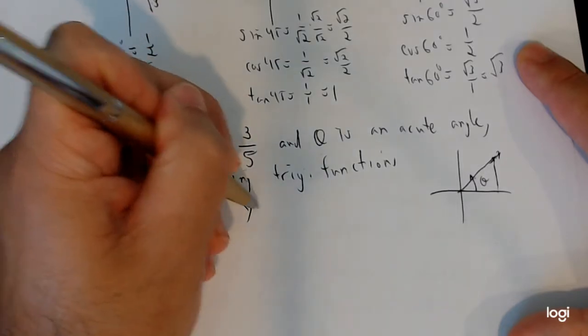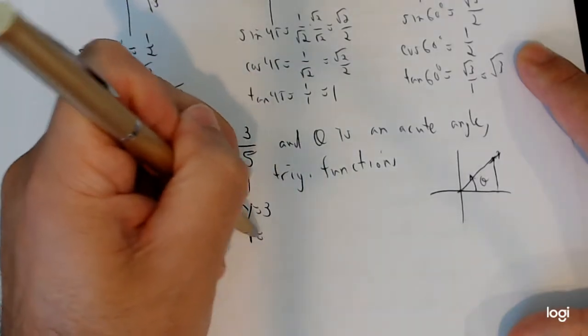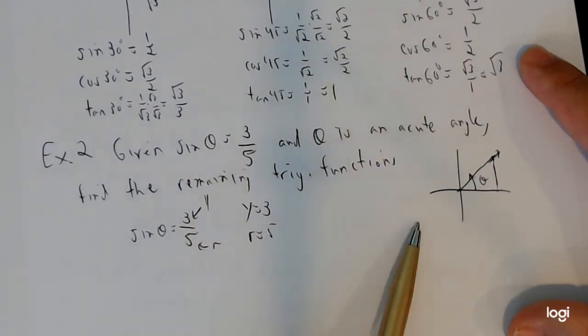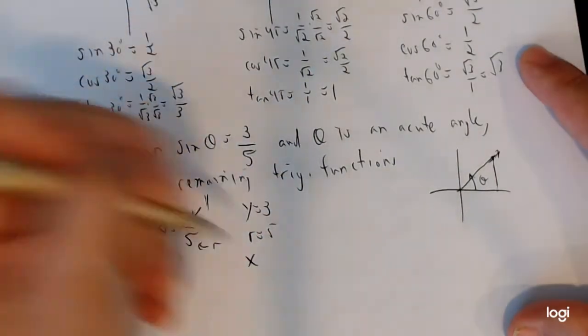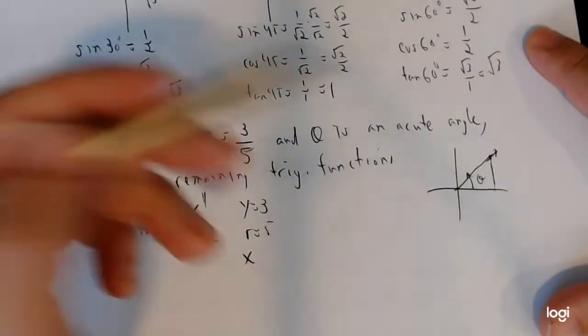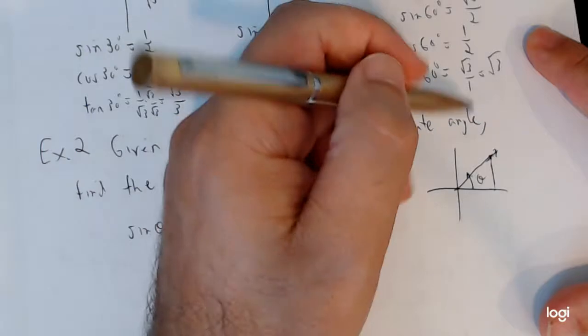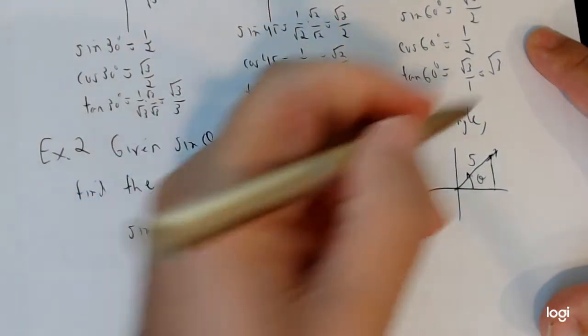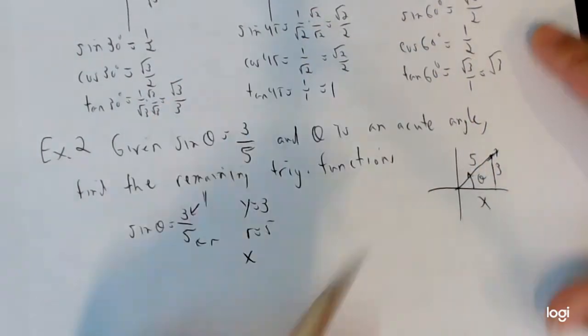So we know that y is 3, r is 5. Now, to be able to find the remaining trig functions, I also need to find x. Now, how could I find x? Well, I could use the Pythagorean theorem, can't I? Because if I come back to this picture, I know that r is 5, y is 3, I just don't know what x is.